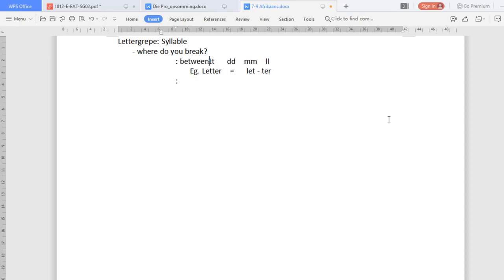Between double consonants. Example. Okay. Now the other place where you break is verkleinwoorde of meervoude.